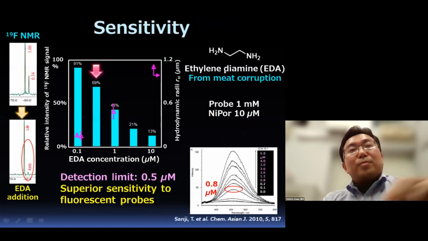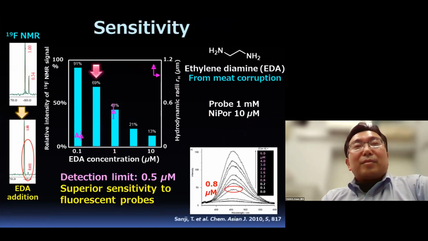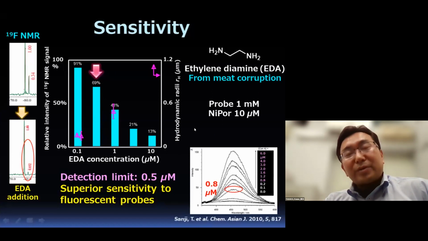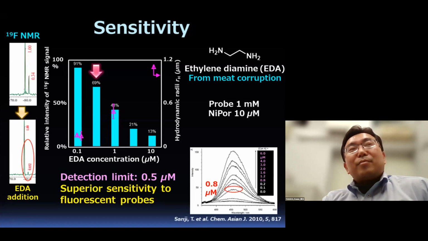And we investigated, initially we compared the sensitivity to the fluorescence probe. Basically, fluorescence probes have almost 1,000 times higher sensitivity than MR probes.